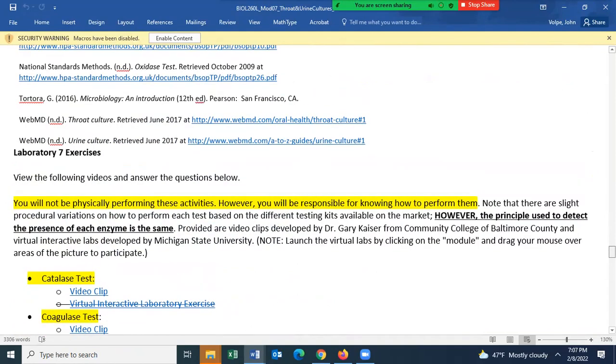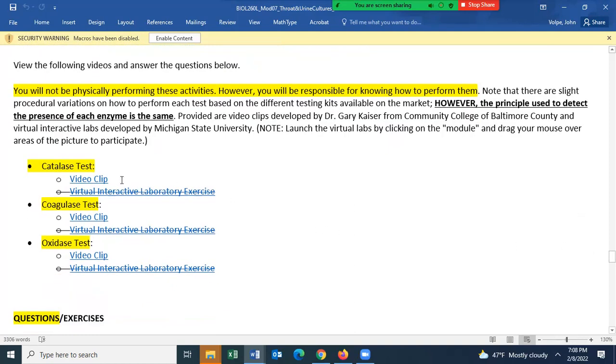You're not going to be performing any of the lab because everything we're doing is online this term. However, you are responsible for knowing how to perform the following tests. The catalase test, and we have a little video on that here. The coagulase test, and we have a little video on that. And then the oxidase test, and we have a little video on that.